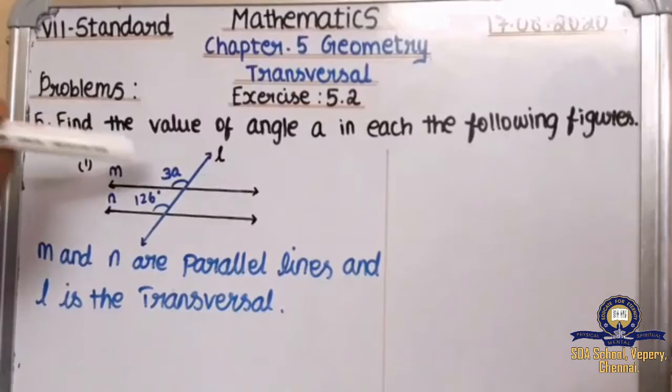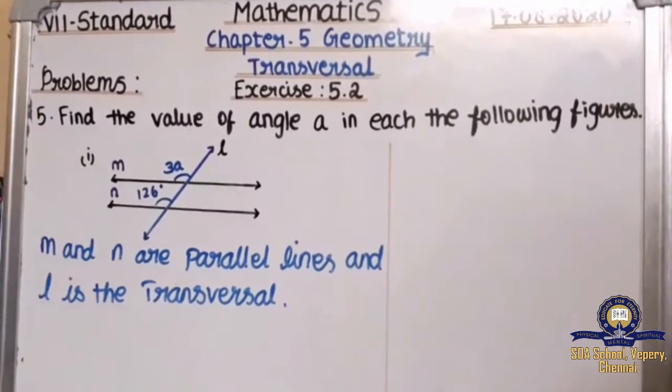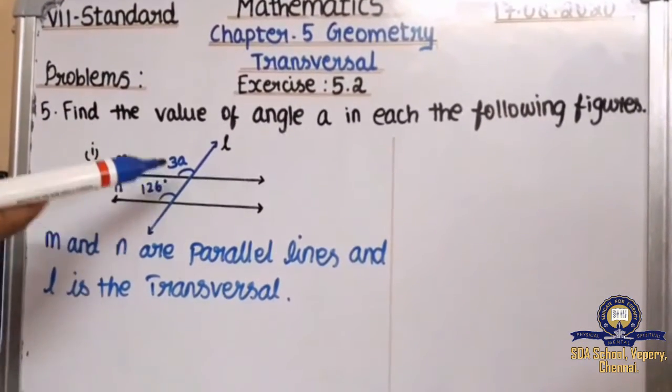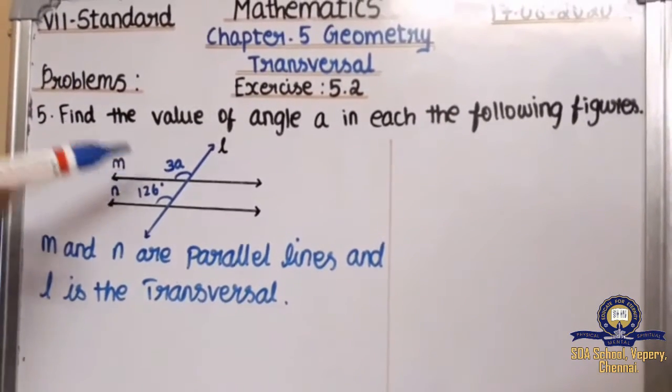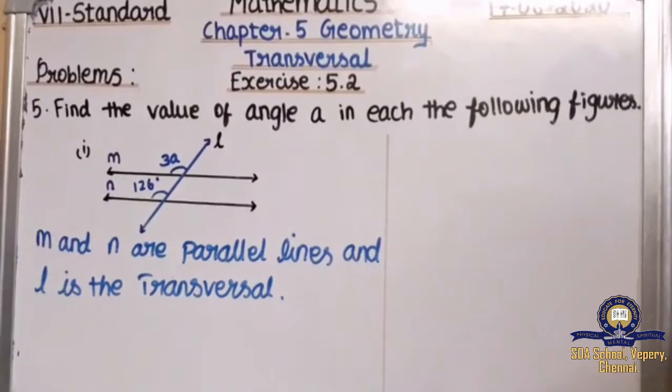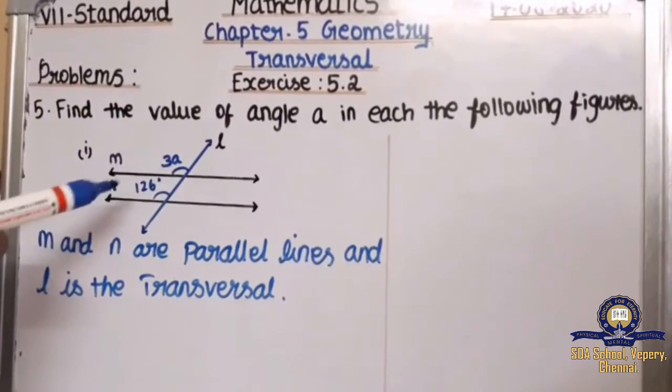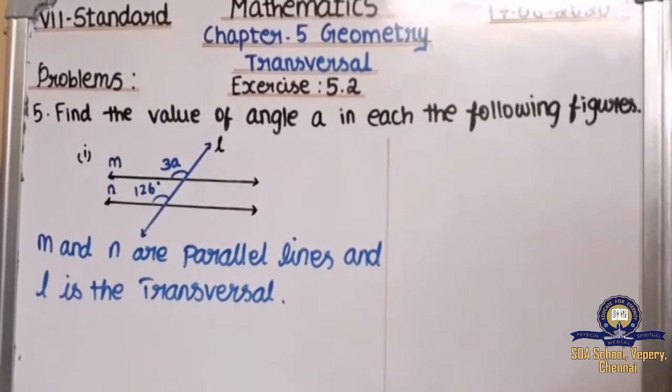Here, they have given the two angles 3A and 126 degrees. The 3A lies on the outer side of the line M and 126 degrees lies on the inner side of the line N. And both angles lie on the same side of the transversal.